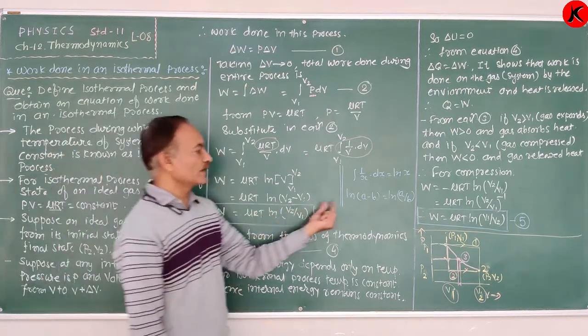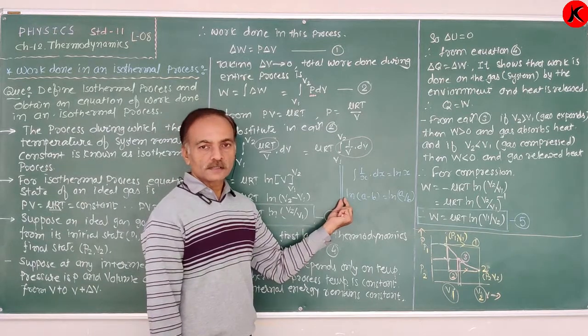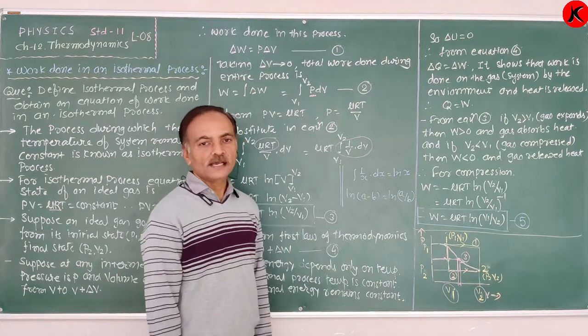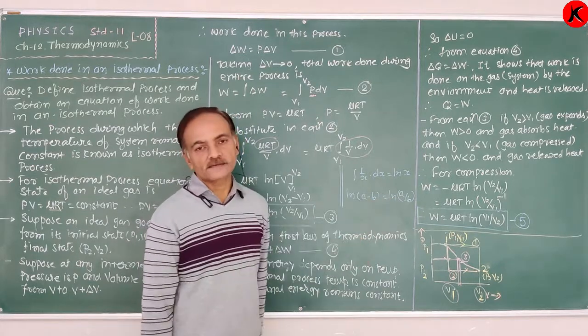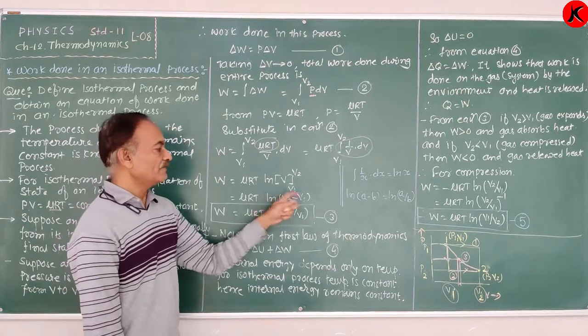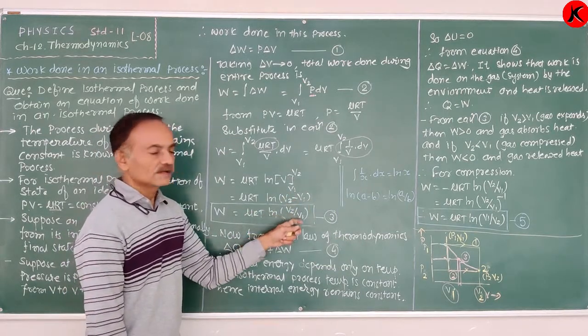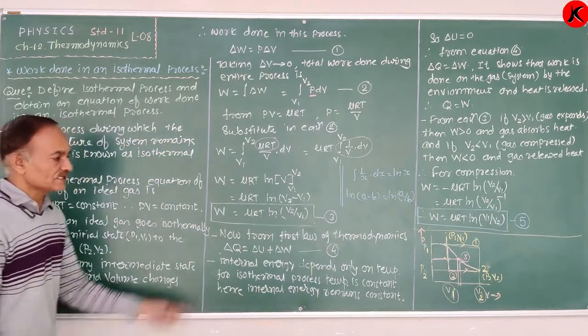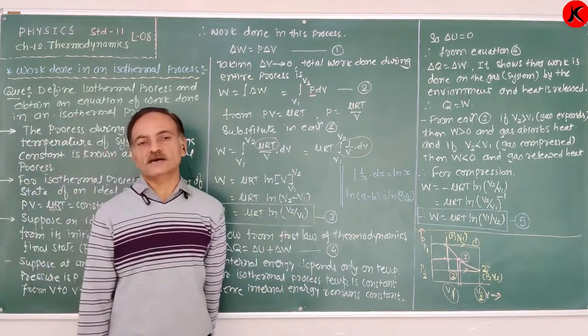We have one more equation: ln A minus ln B is equal to ln of the ratio A to B. We use this to write ln V2 minus ln V1 in ratio form, ln V2 upon V1. This is the equation of the work done during the isothermal process.